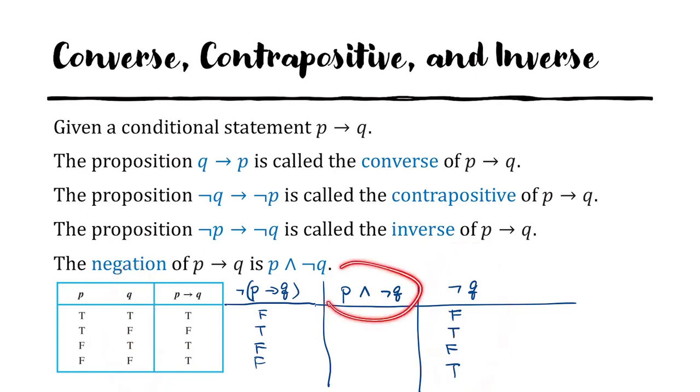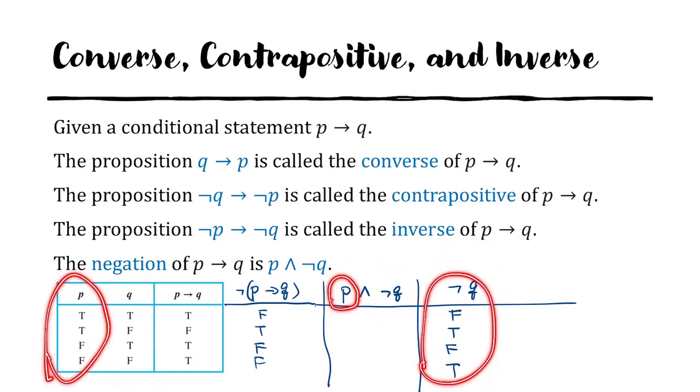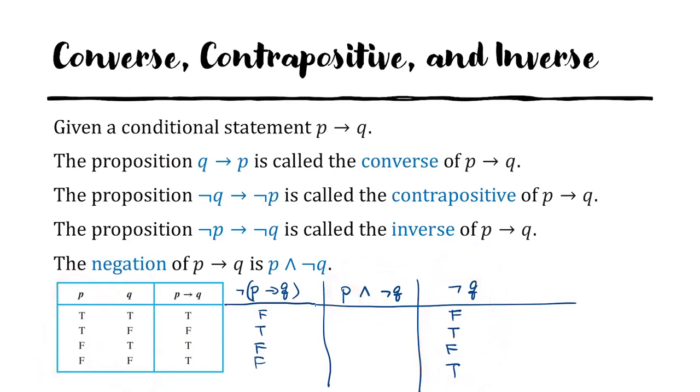Now we will do a conjunction with P. So P is here, not Q is here. And we know for conjunction, it's only true when both conditions are true. So when both P and not Q are true, the conjunction is true.